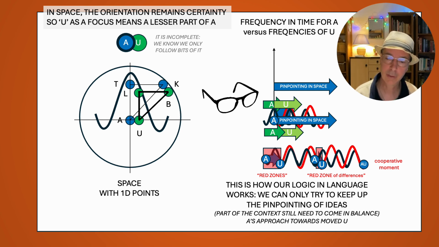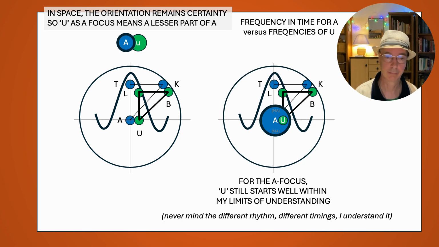But we try to keep our logic with the A first, and then keep up with the changes U. And then we have still a kind of balanced approach to come into balance, and I move towards U from A, from me, from my vision.